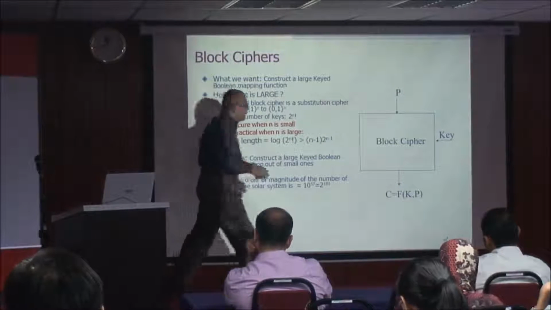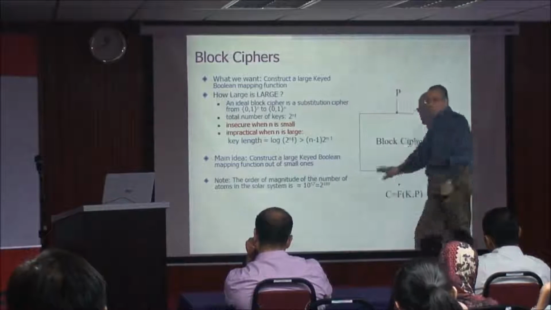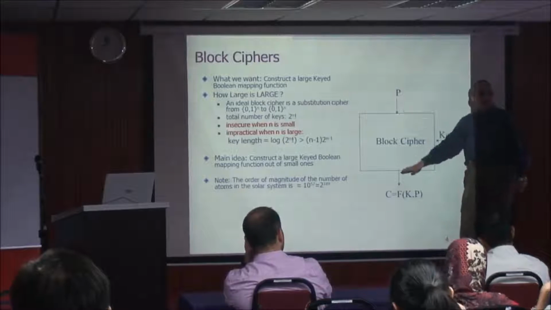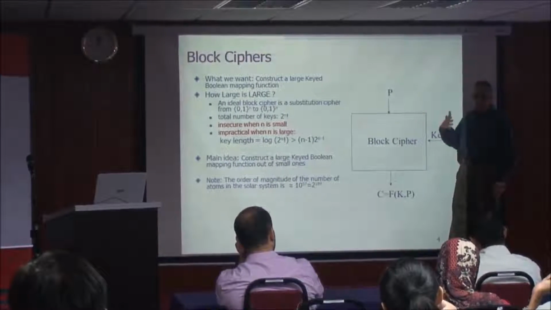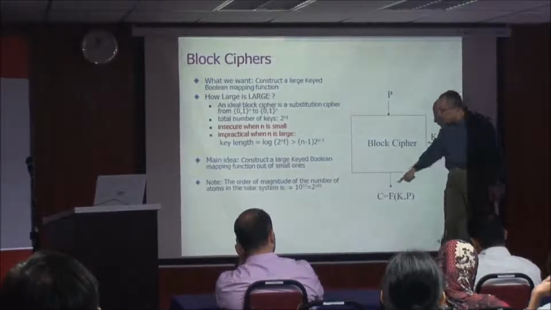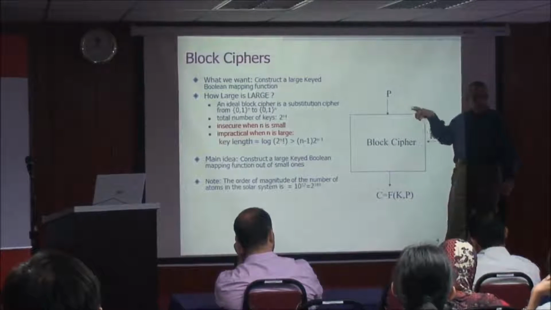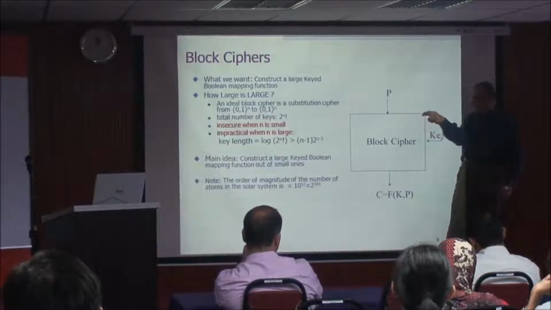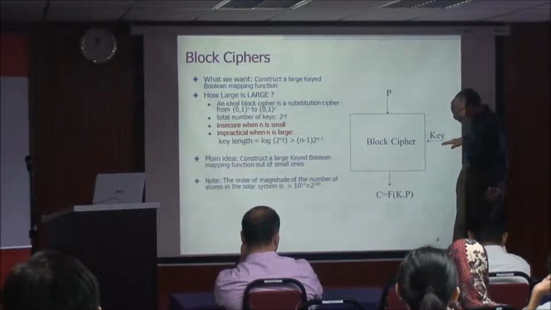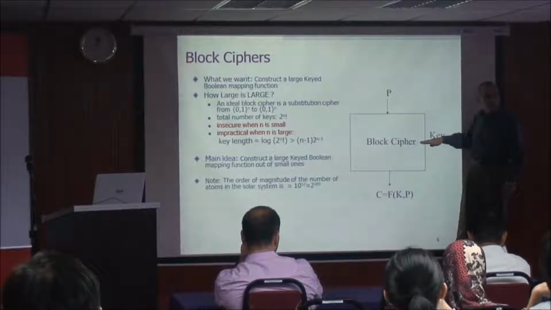If this is my block cipher, just think of it as a huge permutation, a huge bijective mapping. Just to give you some feeling of how large it is, I can think of my block cipher as a black box where I have plaintext coming in, ciphertext coming out, and it's keyed, which means that I would also have a key.